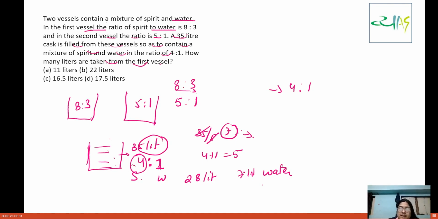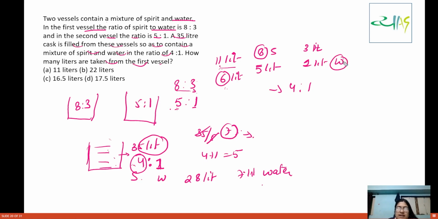If we are putting, for example, say 11 liters from here, then we are putting 8 liters of spirit and 3 liters of water. And if we are putting 6 liters from this one, then I am putting 5 liters of spirit and 1 liter of water.